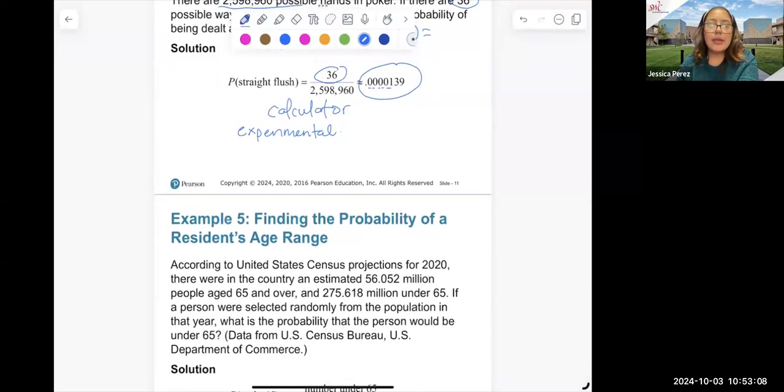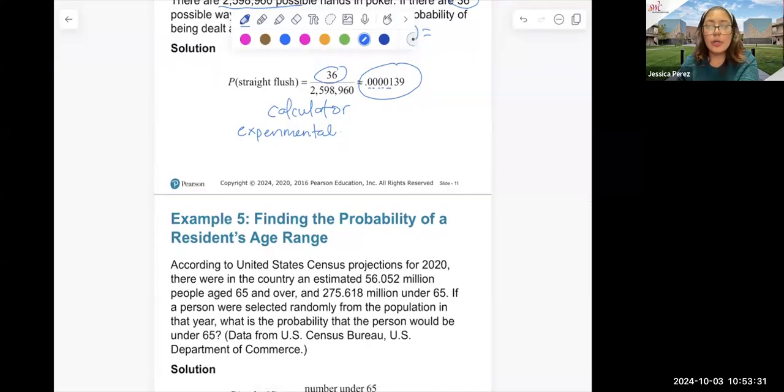Finding the probability of a resident's age range. So according to the United States Census projection for 2020, there are in a country about 56.52 million people aged 65 and over, and 275.618 million under 65.